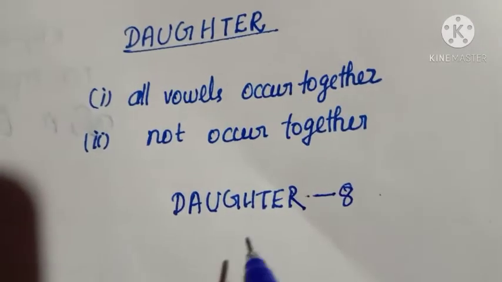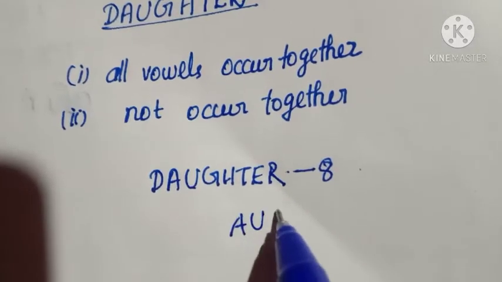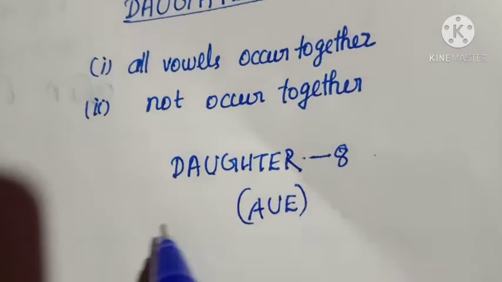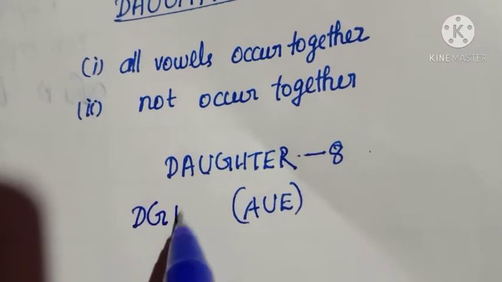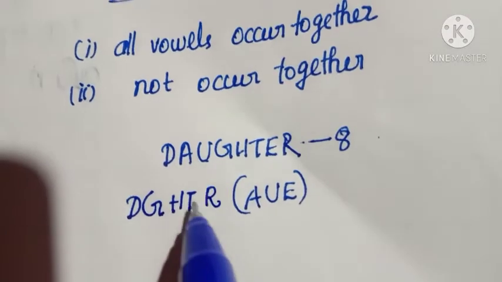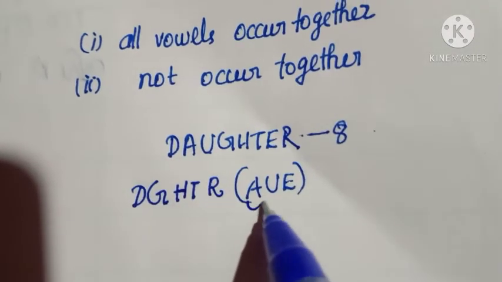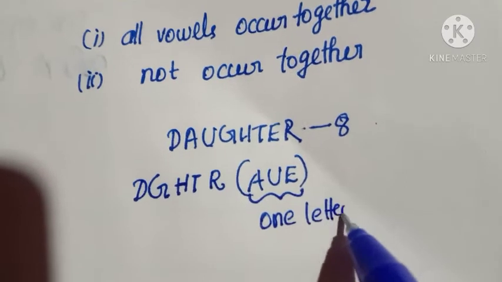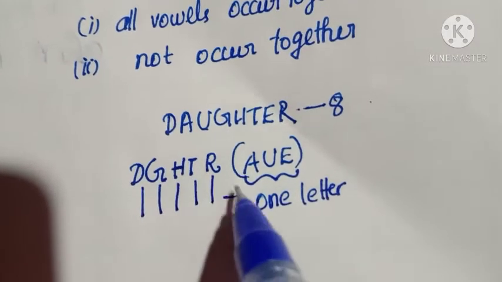Among these, A, U, E are the vowels. Remaining are consonants: D, G, H, T, R. So treat these vowels all together as a single letter. Now count: 1, 2, 3, 4, 5 plus 1.